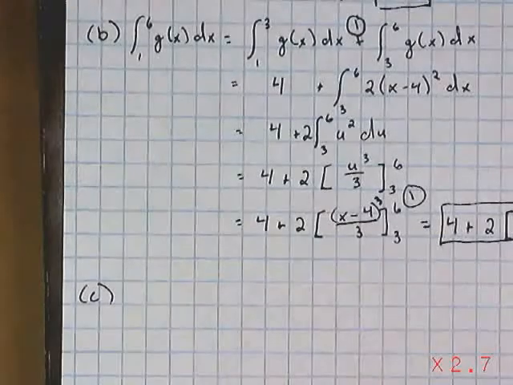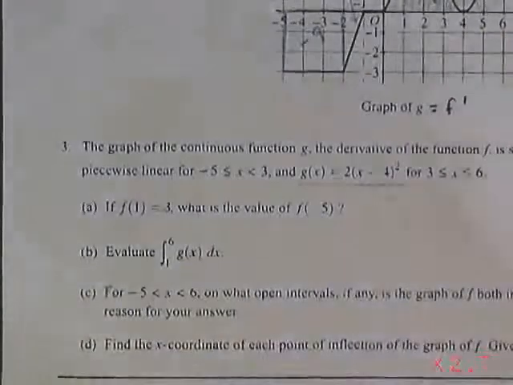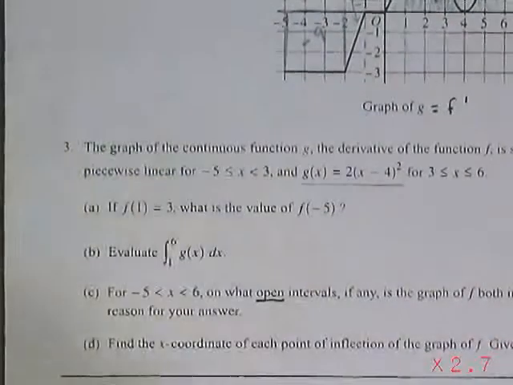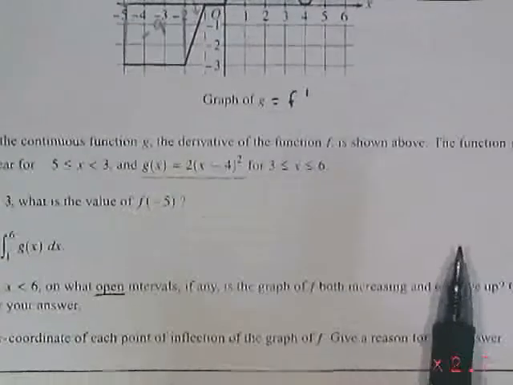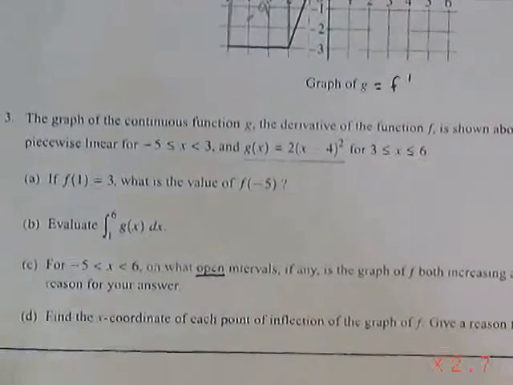asks for the interval between -5 and 6, on what open intervals, let's underline open because that's important, if any, is the graph of f both increasing and concave up. Give a reason for your answer.